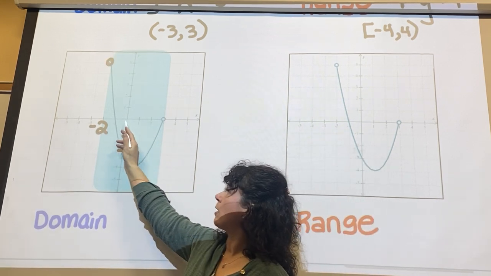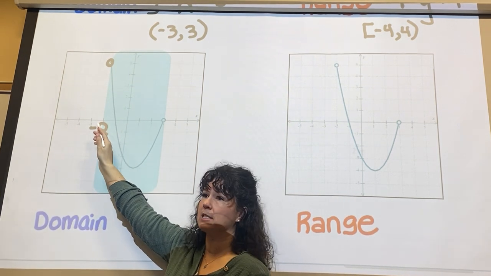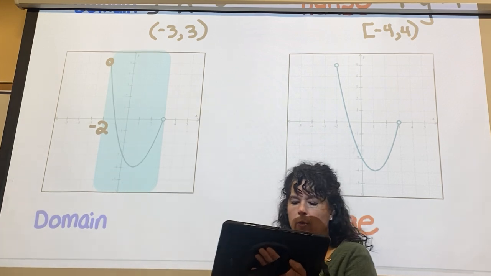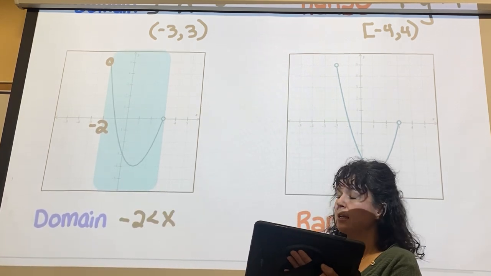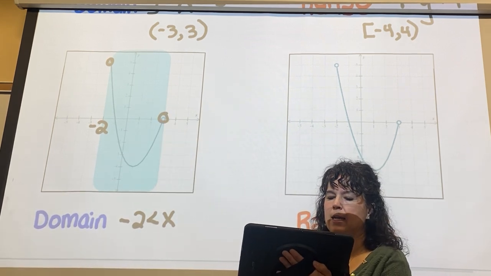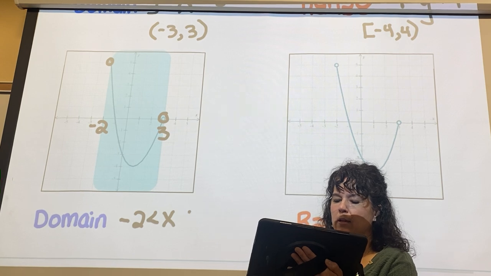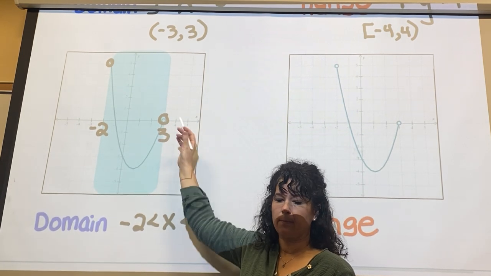So we can go back to -1.999999, but we never actually get to -2. So we're going to have -2 less than x. And then this is an open dot, and the furthest we can go right is 3, but not actually 3 because it's an open dot.